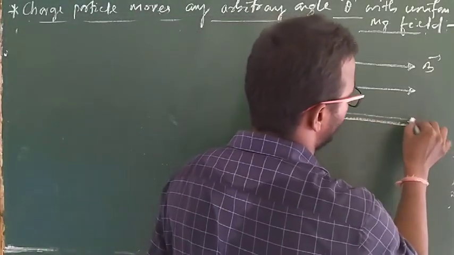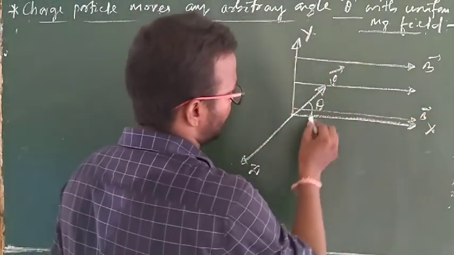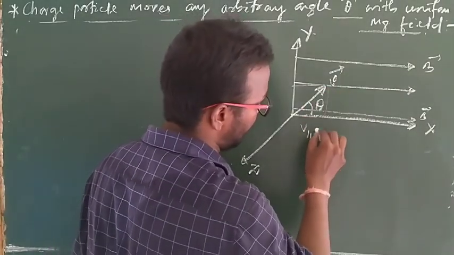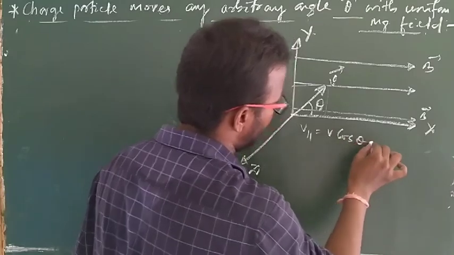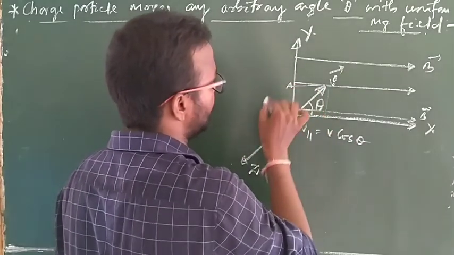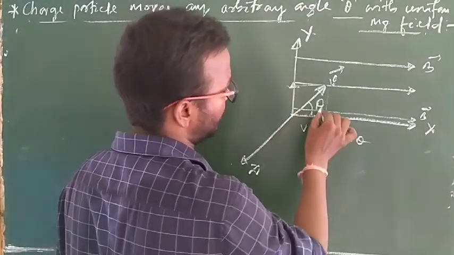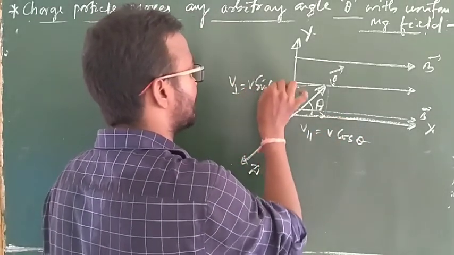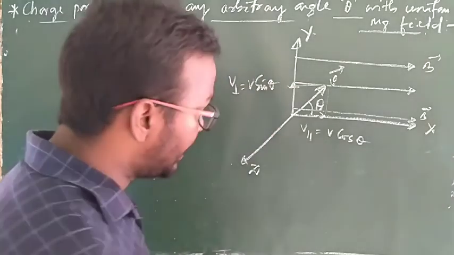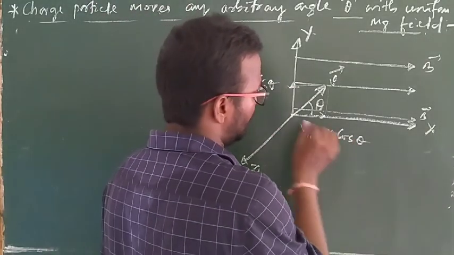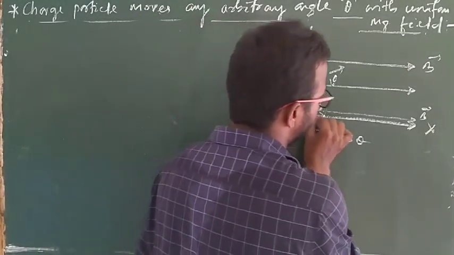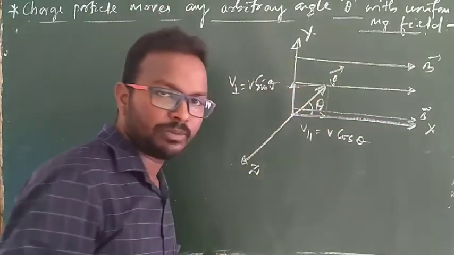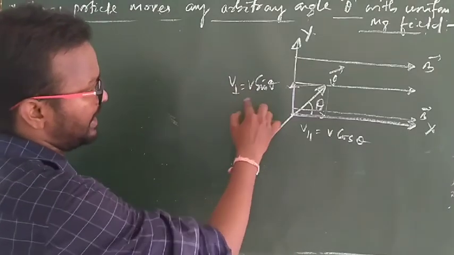So there are two types of components. The first is the parallel component, v parallel, that is v cos theta, and the perpendicular component equals v sin theta. Due to the parallel component, the path of the particle is a straight line, and due to the perpendicular component, the path of the charged particle is circular.